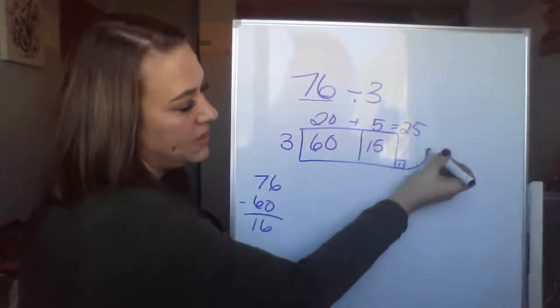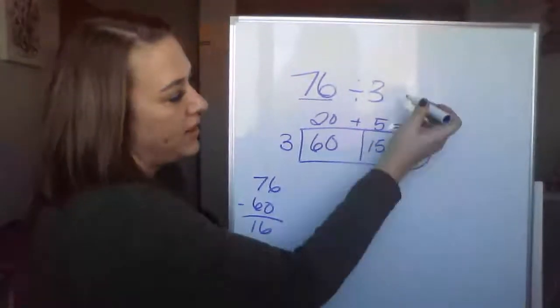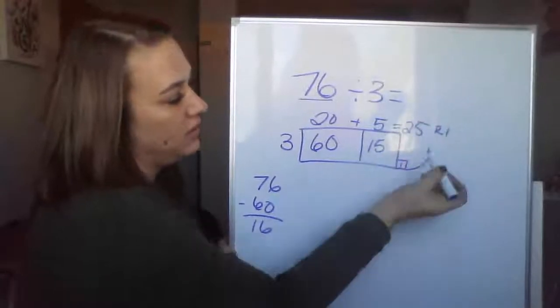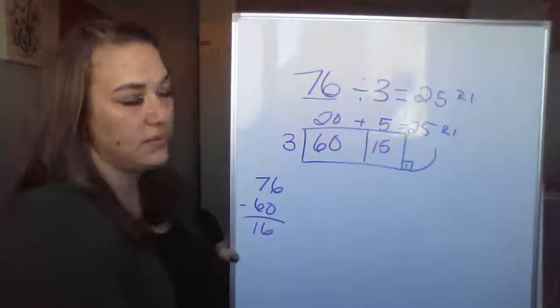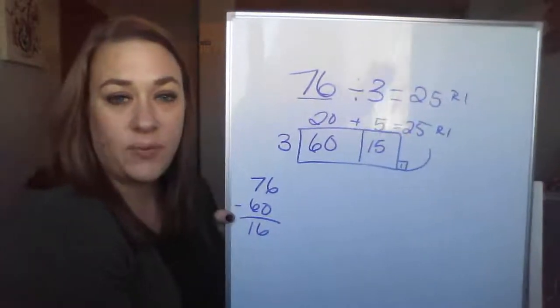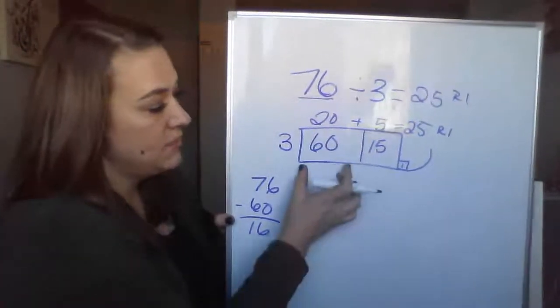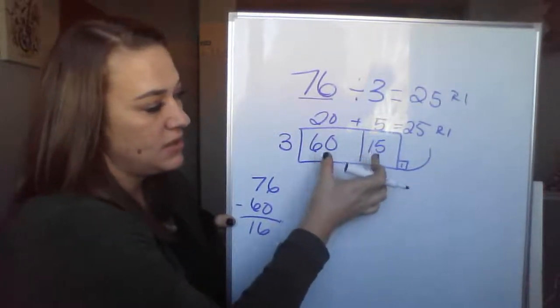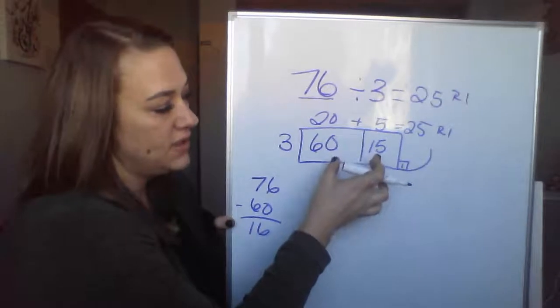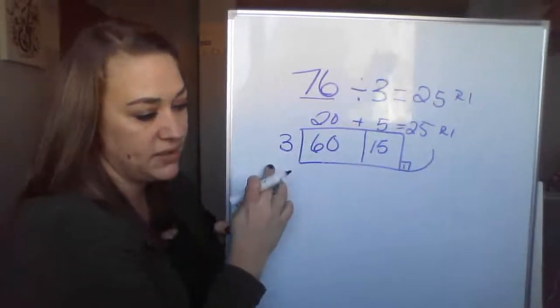And then we have our remainder of 1. So 76 divided by 3 is 25, remainder 1. Okay, so that's what it looks like if we have a remainder. If we have a remainder, it just comes off here to the little side, and our area in the center of our box is evenly divisible by our divisor.